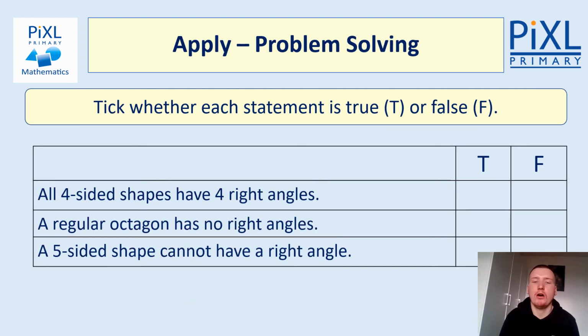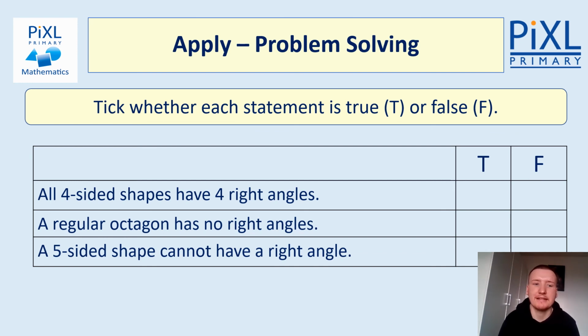So to finish off the final part of the lesson, we're going to play a quick fun game where you're going to either stand up if you think it's true or stand up if you think it's false. And I'm going to read you the statements now. All four-sided shapes have 4 right angles. Stand up if you think it is true. Stand up if you think it is false.